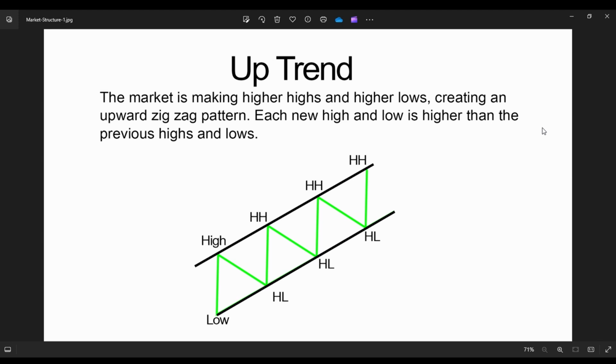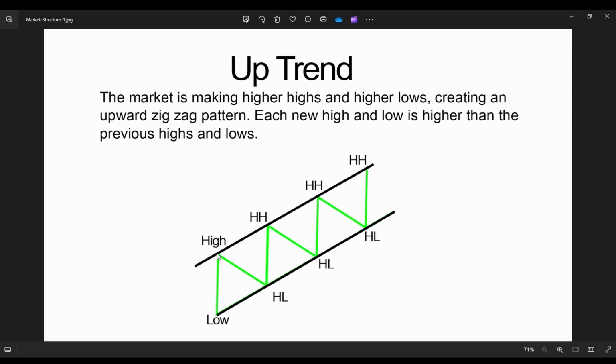We have the uptrend, right? The market is making higher highs and higher lows, creating an upward zigzag pattern. Each new high and low is higher than the previous highs and lows. So on the charts, you will see the candlesticks, of course. You will have a pivot low and a pivot high.